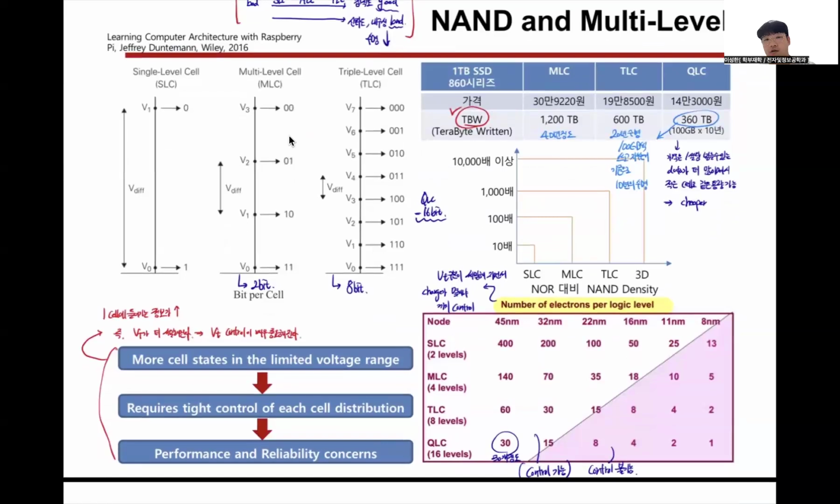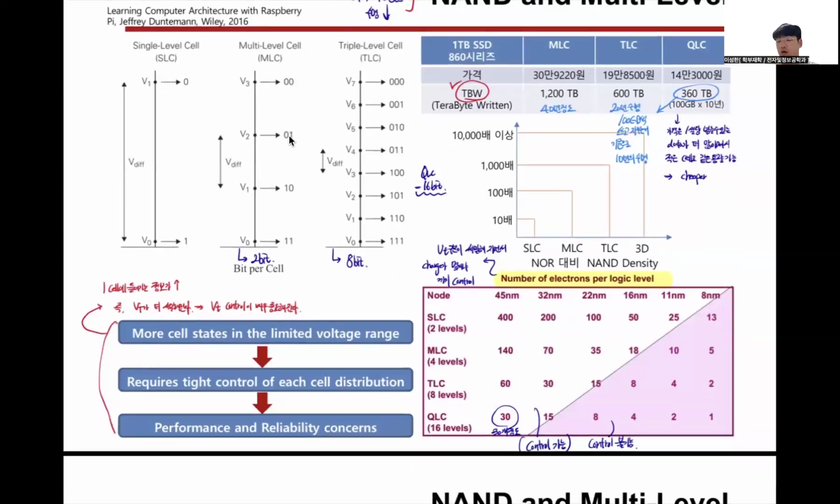So this is where problems occur. We have to shape the threshold voltage more tightly, and controllability has to improve.